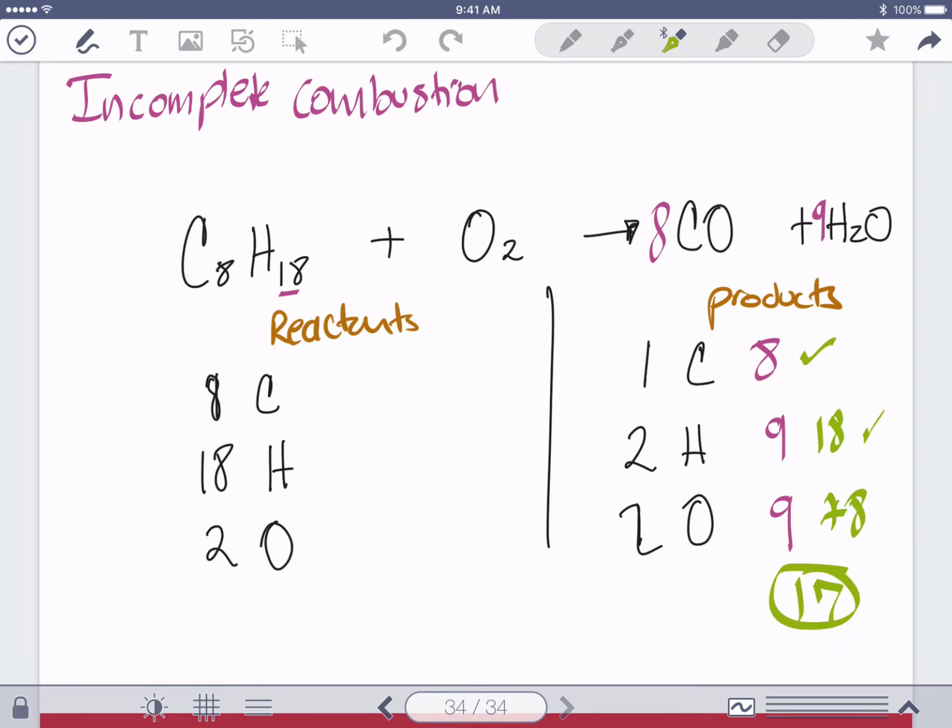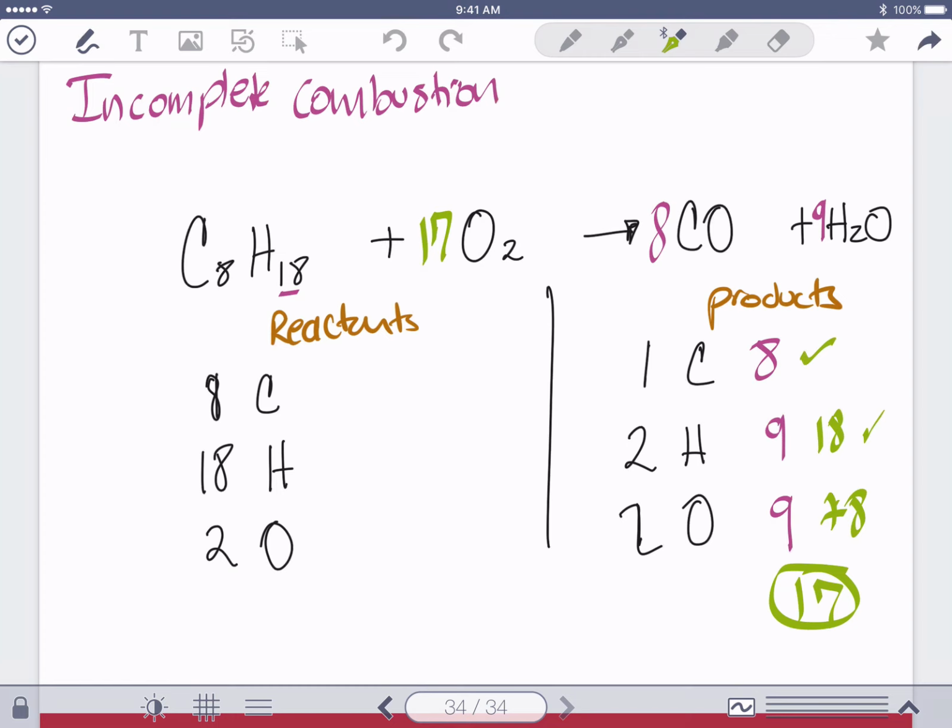Now, with this, I could go ahead and put my 17 in front of my reactants over here, and my equation could be balanced. Let's look into that.